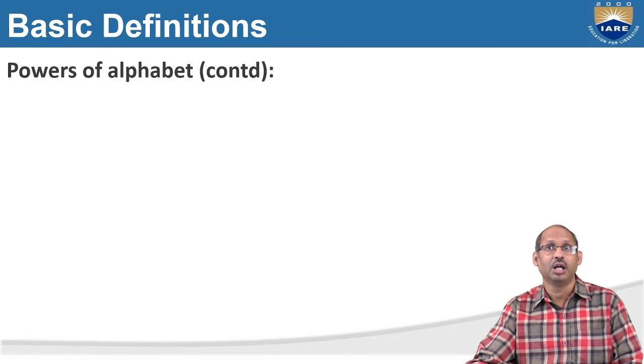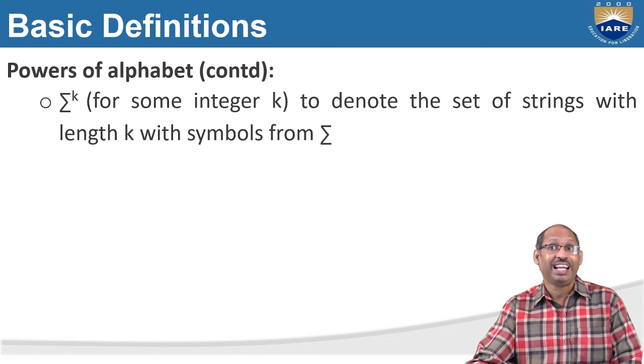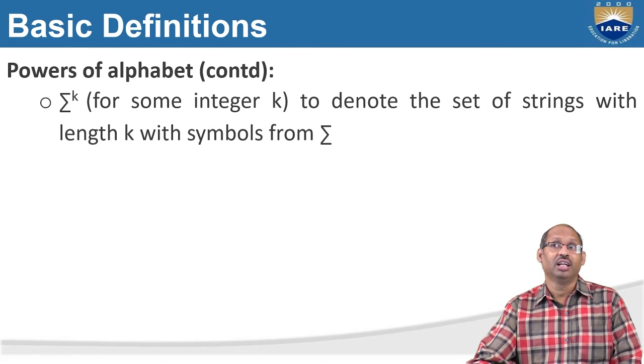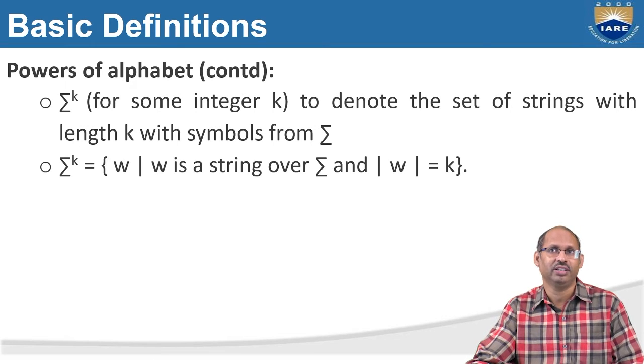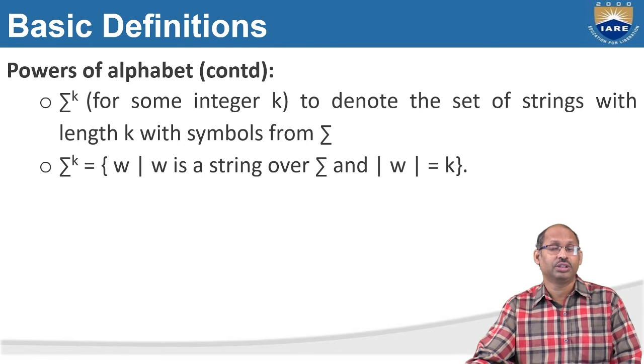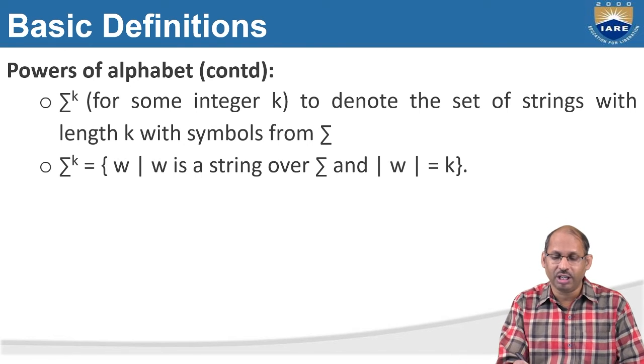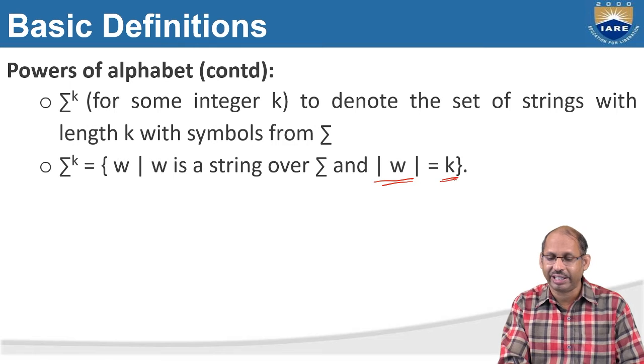Power of alphabet. Sigma power k, where k is an integer, denotes the set of strings of length k with symbols from the alphabet. So the length of w will be k.